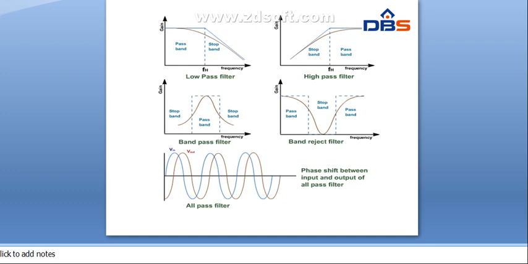After the end of the transition band, the gain becomes 0. So in the low pass filter, if frequency increases, the gain decreases.